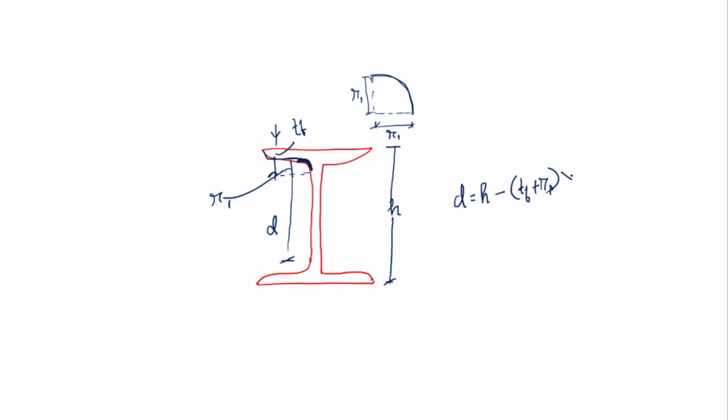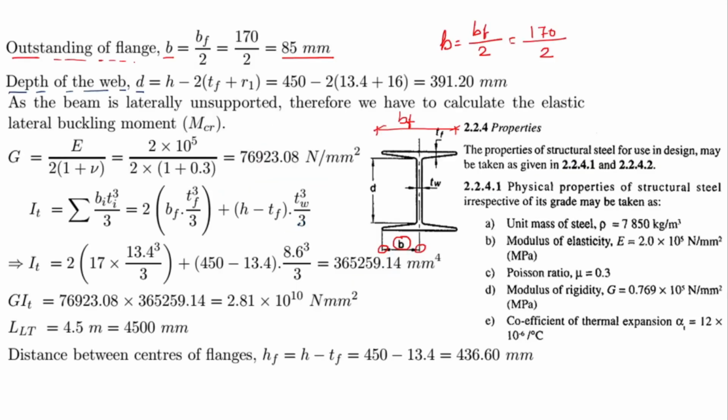So I can multiply it by 2. So this will give us the total depth of the web portion of the section. It is calculated as 391.20 mm. Here the value of thickness of flange is 13.4 mm and the R1 is 16 mm.